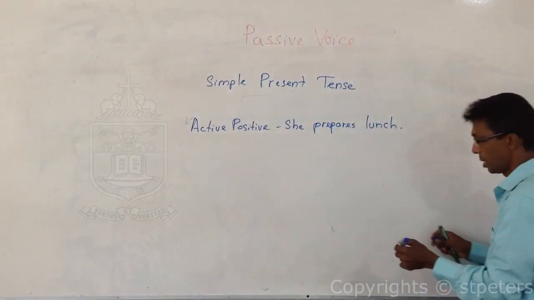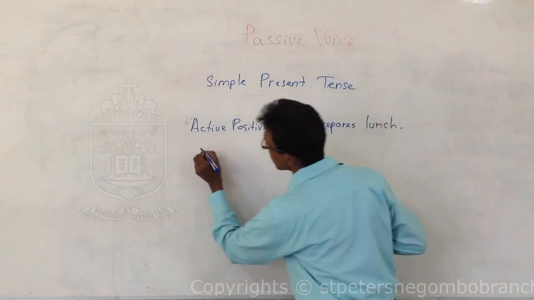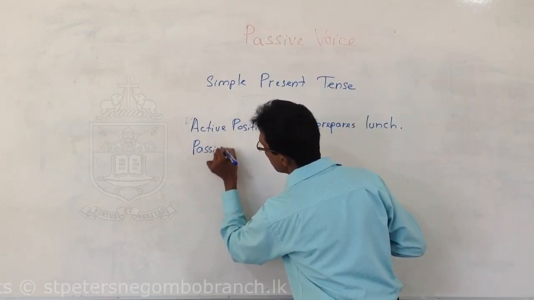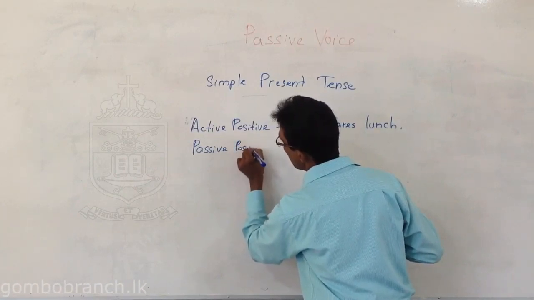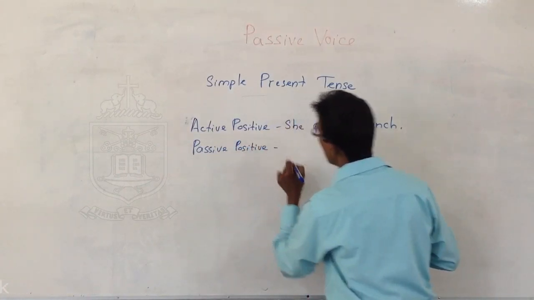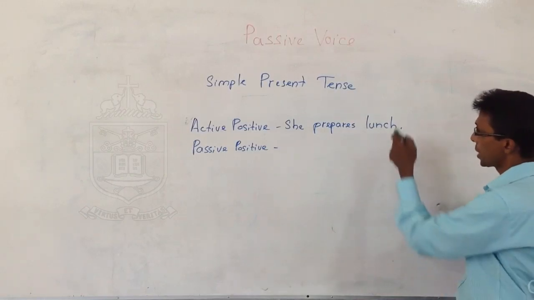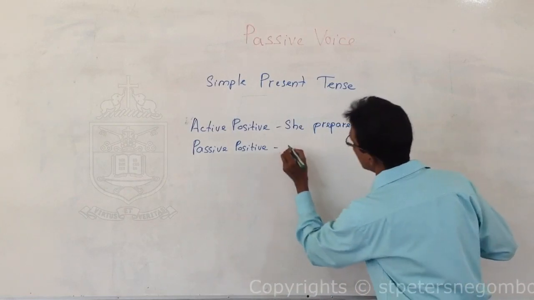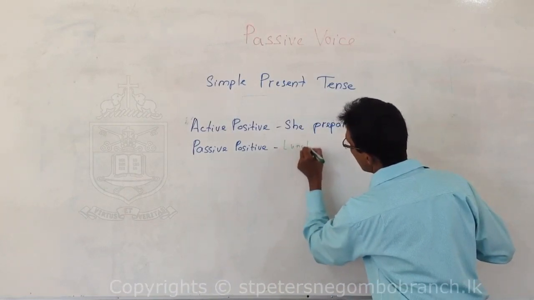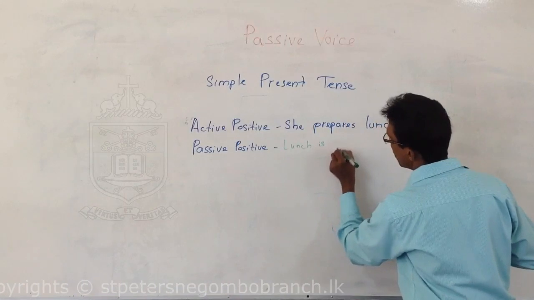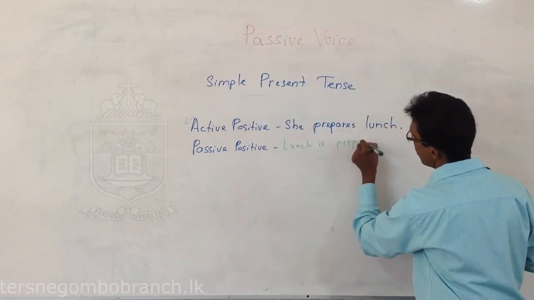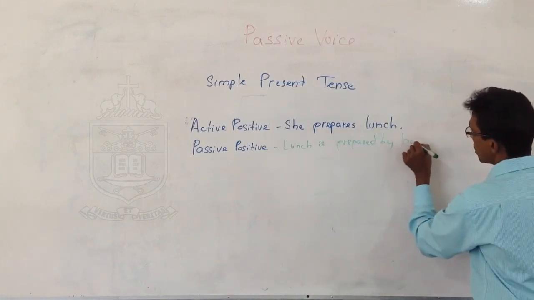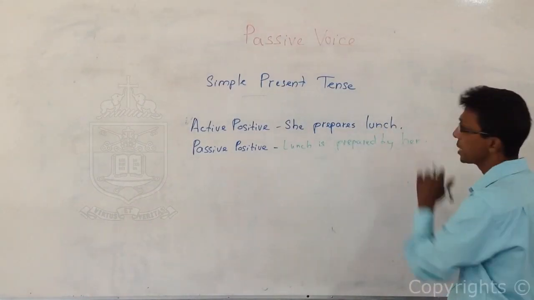This is active voice, and when we turn this one into passive voice, alright, passive positive. You have to take lunch first. Lunch is prepared by, she becomes her. Pronoun change. Pronoun changes. Right?